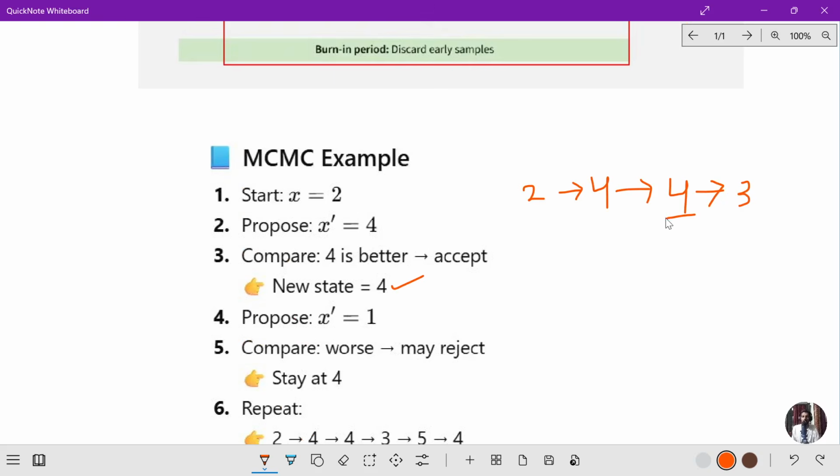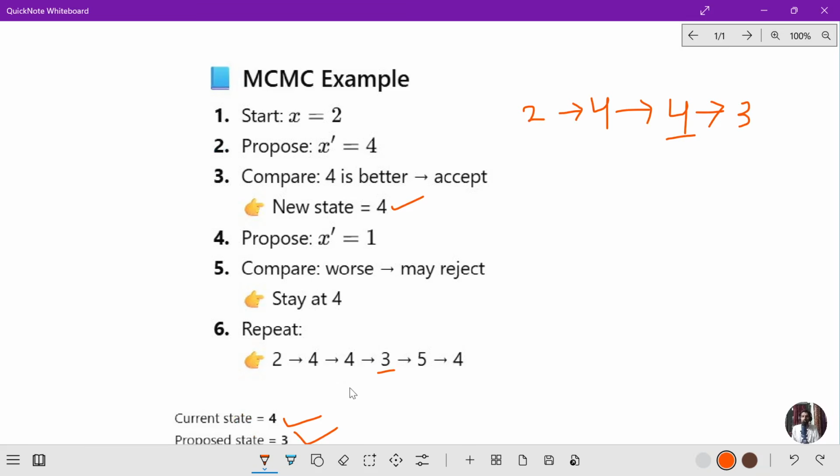So now the proposed state is this one. The value here is 3. Similarly, we can go for 5 as well as we can go for 4. When I am at 3, I can go for 5 because 5 is bigger than 3, no problem.